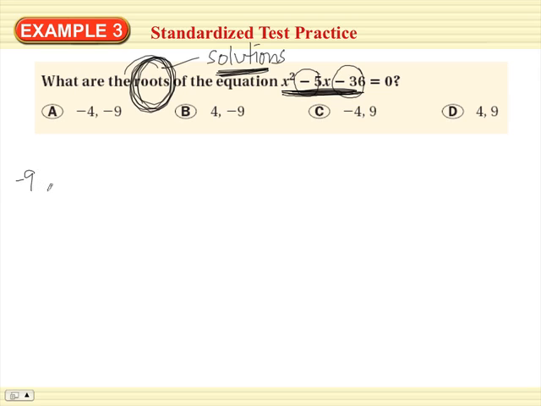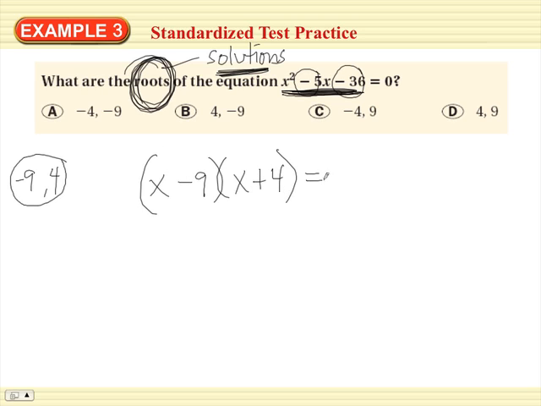Negative 9 and positive 4. Now here's what people will do. People will look at these right here and say, okay, negative 9, positive 4, answer. Not right. What are these supposed to do? Add up to 0. These are supposed to lead us to the factors. Let's write out the factors. What are the factors? X minus 9, X plus 4, right? Equals, over here, equals 0.